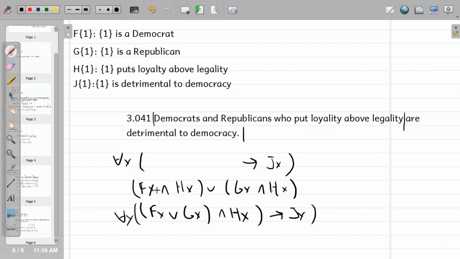So we say, look, here's Jim, and he actually is a Democrat, and he does this thing. Well, then this thing follows. But he's not this thing, but that's okay. This thing still follows, right? Or here's Bob. He's a Republican, and he does this thing, so J follows. He's not this thing, so J follows. In this case, we're doing the exact same thing here. We're just saying, look, if you're either one of these and you've got this property, then you're a threat to democracy.